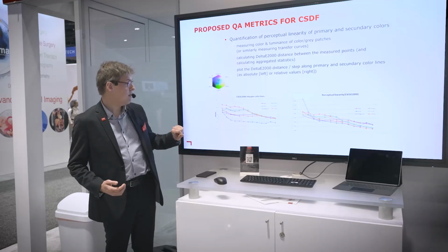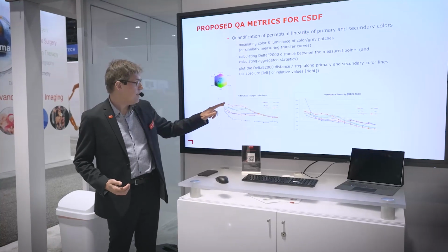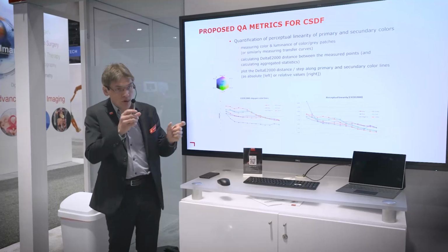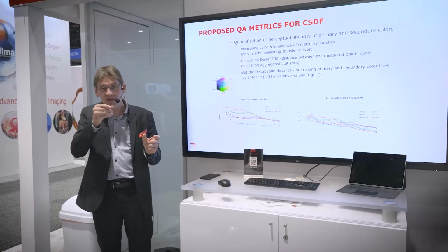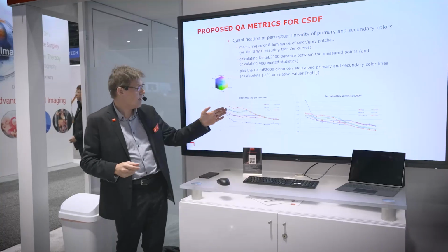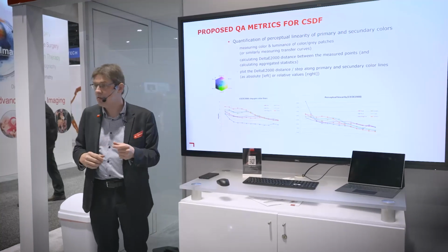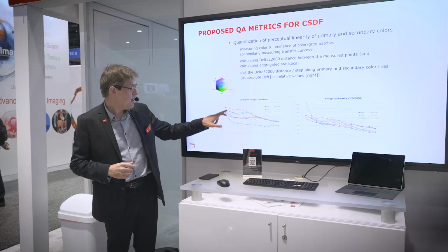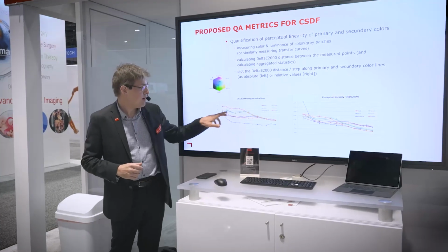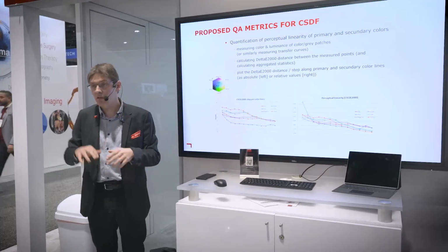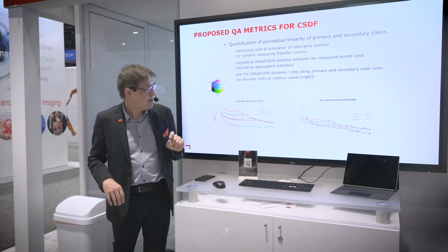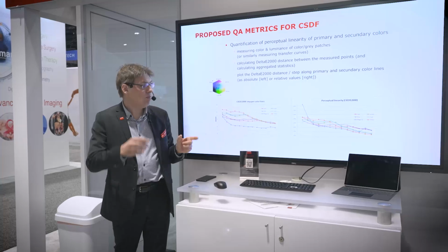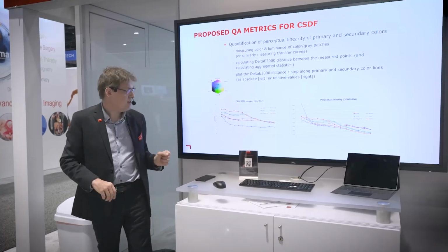The one on the left here shows the delta E2000 step per color line step you take. So if you go from one red shade to the next one, it shows how big the difference is between the consecutive ones. And as you can see, before calibration it's absolutely not a constant. What you do there is perceptual linearity, so it's the same information, but you divide it by the steps.